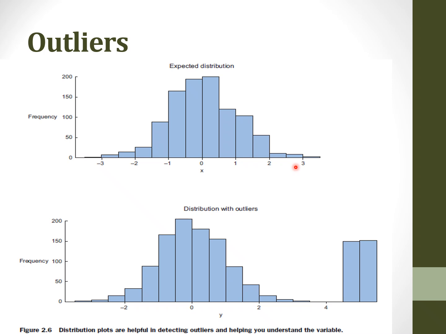If we are able to plot the data in the form of a plot like this, we can easily find out, because the data has to fit within this range, but due to the presence of outliers, the data is now present in some other portion. So this helps to easily detect the outliers and also to easily understand the variation of the data with respect to the expected outcome.